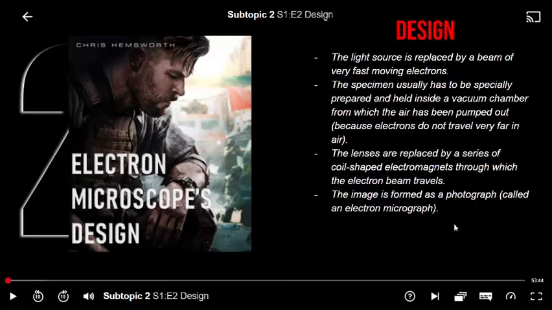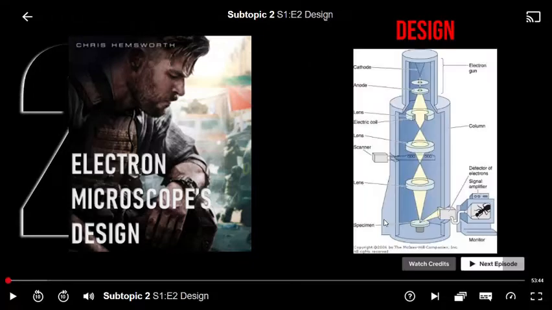The image is called a photograph, and also called an electron micrograph. So this is the image of the electron microscope. This is the chamber, and the air is pumped out so the electrons can move far in the chamber.